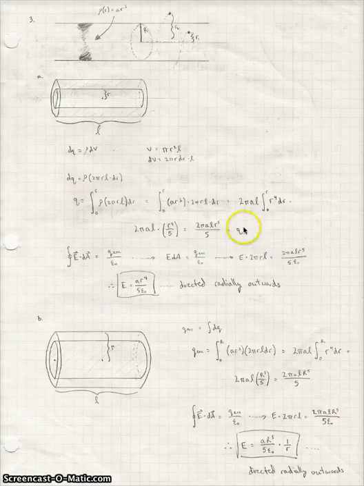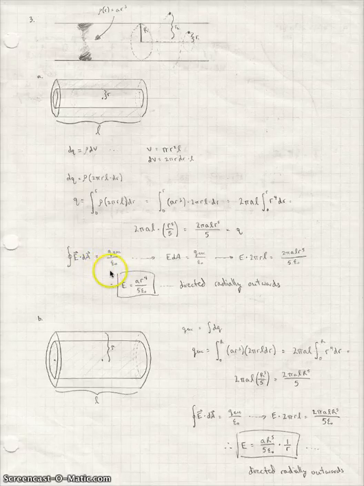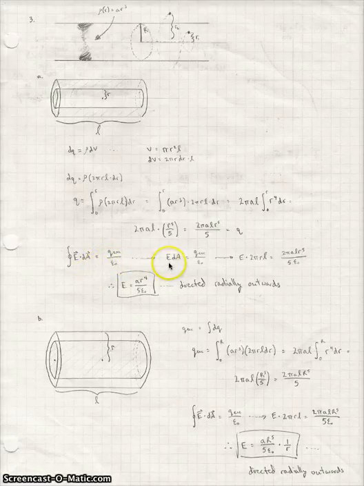Then I'm going to put that into Gauss's law, where I have the integral of E dot dA equals q enclosed over epsilon naught. Since the electric field and the area vector are parallel, that simplifies to E times dA equals q enclosed over epsilon naught.